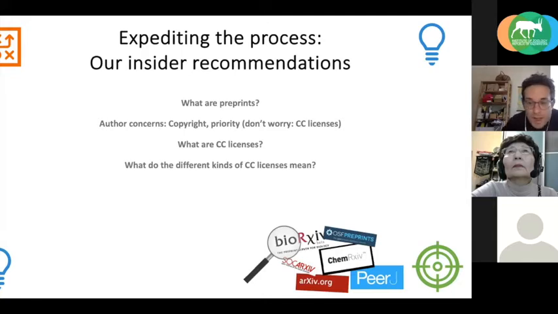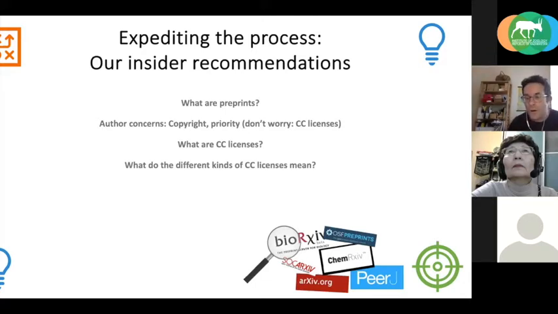People always say, what about my work? What about my intellectual property? What about my copyright? Don't worry, all of these preprint servers are protected by what are called Creative Commons licenses. When you upload a piece of work to a preprint server, it gets assigned a Creative Commons, a CC license, that protects your copyright.